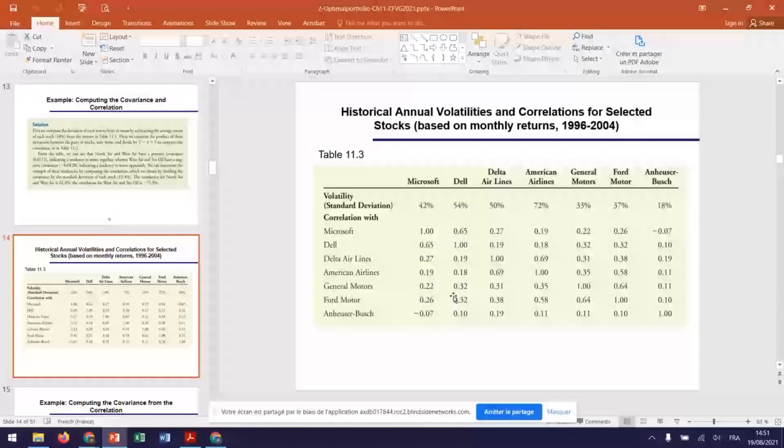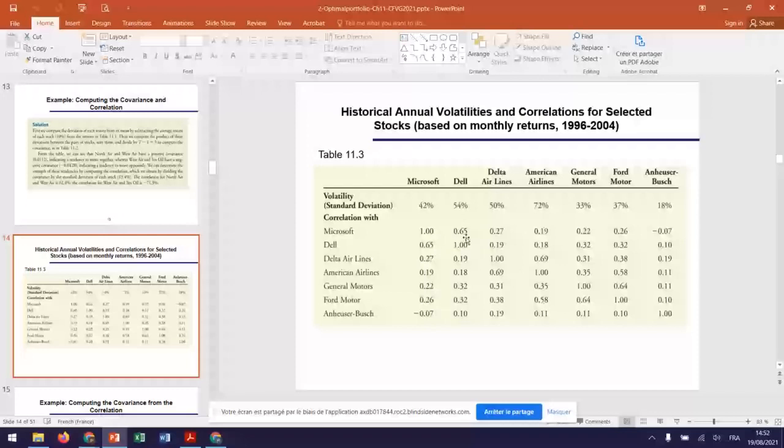So the companies in the same industry seem to have higher positive correlation. It means if the market goes badly, they'll sell less computers, and Microsoft should sell less Windows software. The return correlation is 65%.